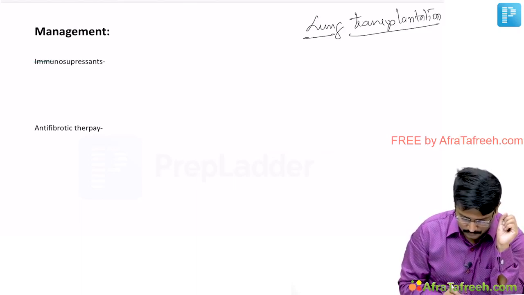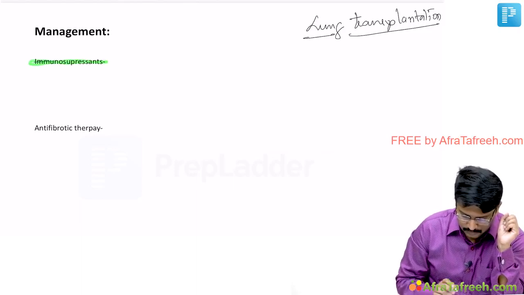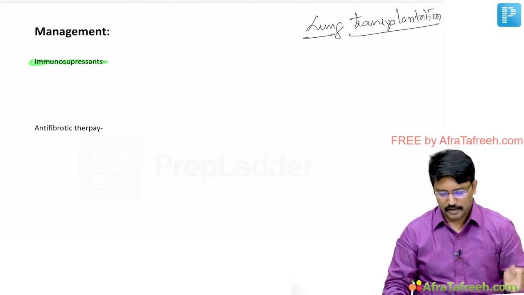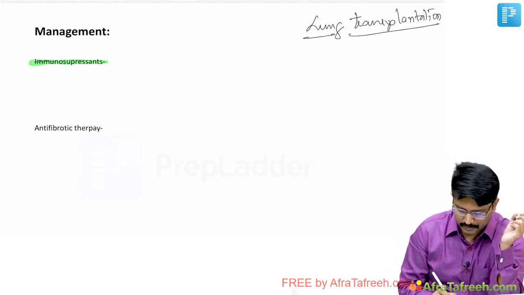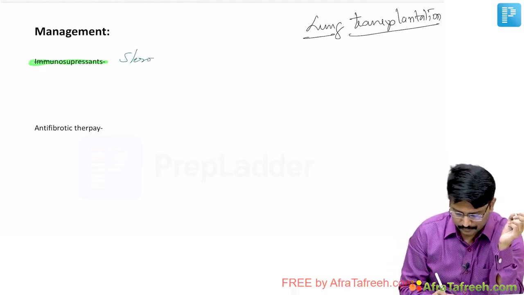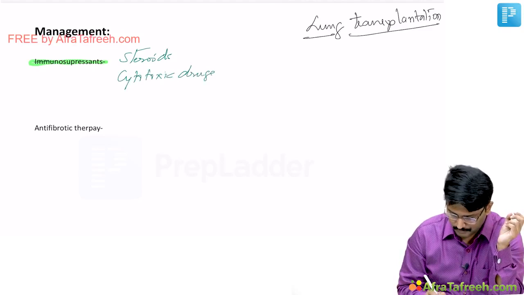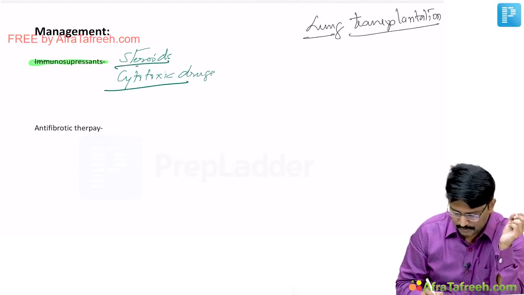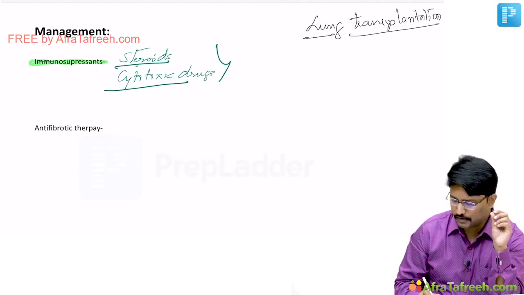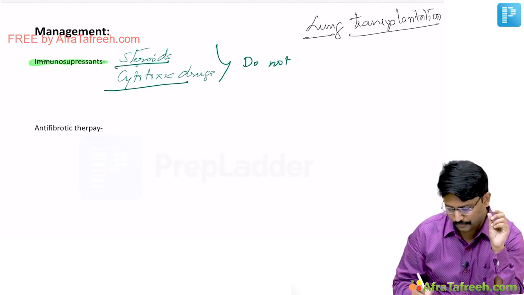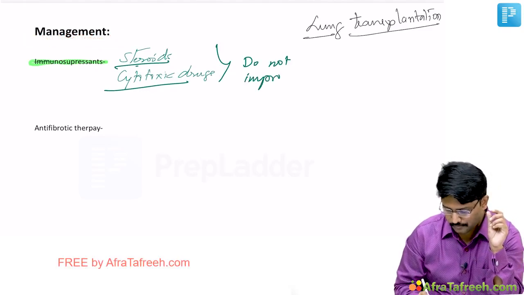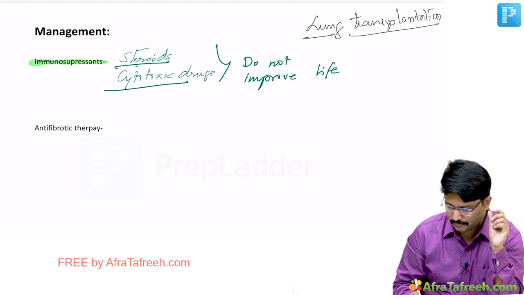immunosuppressants. Until recent times, until a decade ago, most of the patients were treated with either steroids or cytotoxic drugs. And a standard observation is that these drugs do not improve life expectancy.